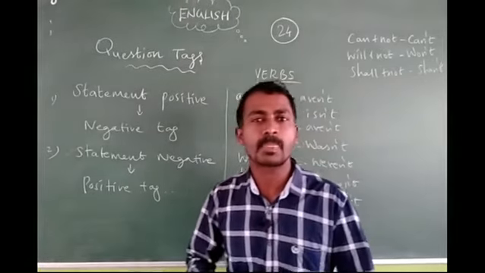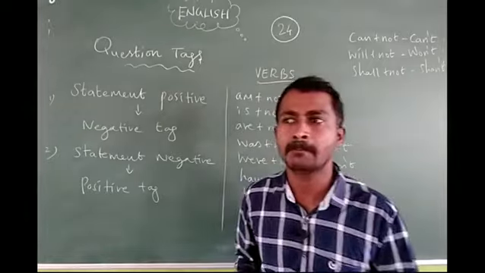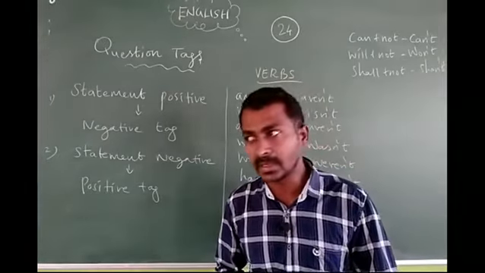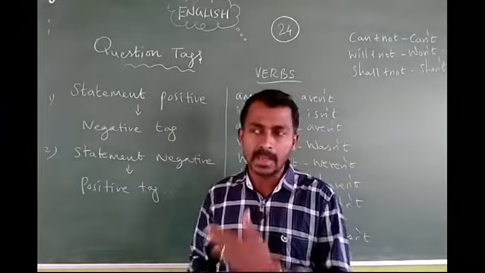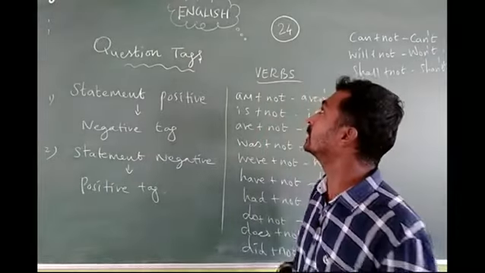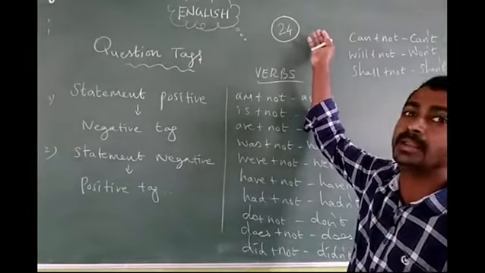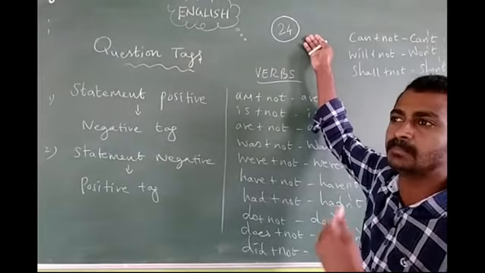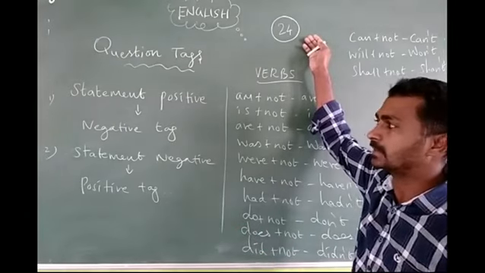And modal auxiliaries: shall, should, will, would, can, could, may, might, must. And also semi-modals: used to, ought to, and so on. Apart from these 24 auxiliary verbs, there are many main verbs in English like come, go, sit, stand, ride, draw, sleep.